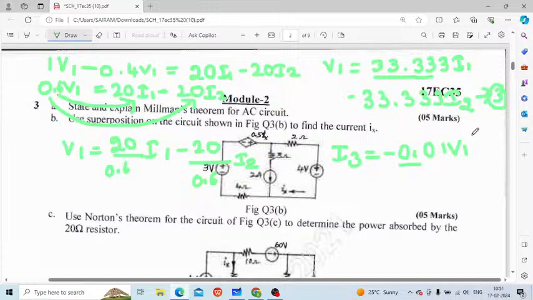Now what am I supposed to do? I know V1 is present. If I substitute V1 over here, I will directly write the resultant.